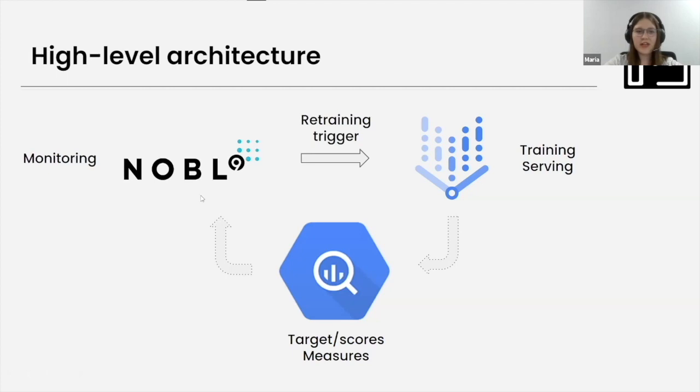And Nobl9 can trigger retraining if it's time for it, when the data, for example, deteriorates. And when the model is retrained, it can be redeployed for serving, and then the path continues.